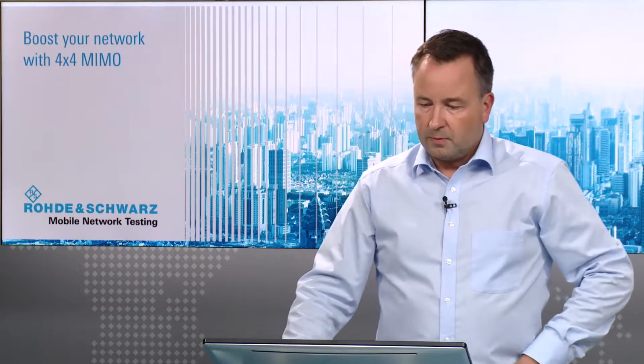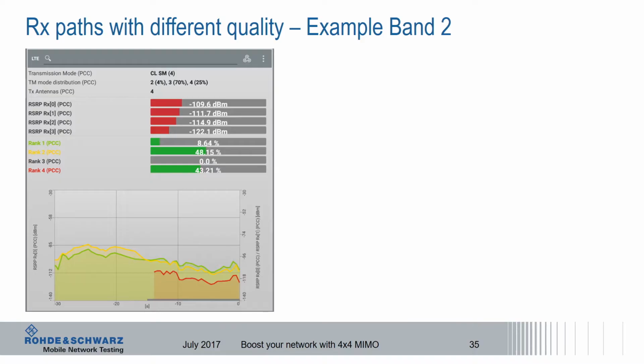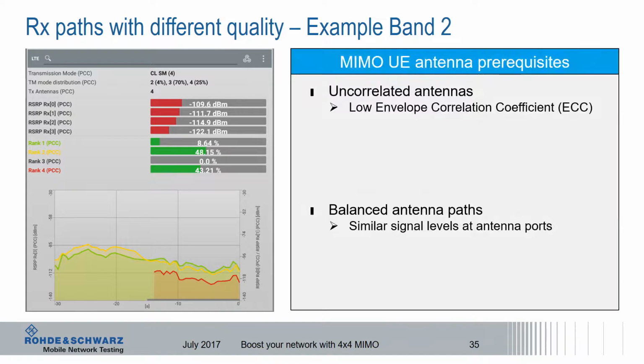But what we already saw from the previous slide is that we have, of course, different quality of the 4 RX paths. What we see here in the line chart, with the red bars, is that we have different values. But what is important to achieve a rank 4 or to have a MIMO condition for a mobile?